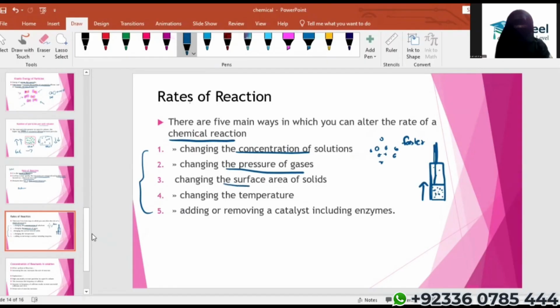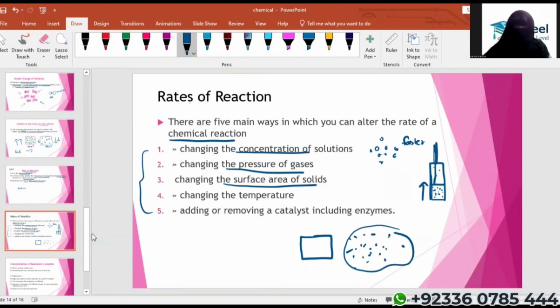The next is changing the surface area of solid. Let's say that you have a solid and on the other hand you have this powdered solid, both are the same. If you add powdered metal in a reaction, let's say, between acid and metal, if you add powdered metal in an acid, the reaction will be very fast and vigorous.